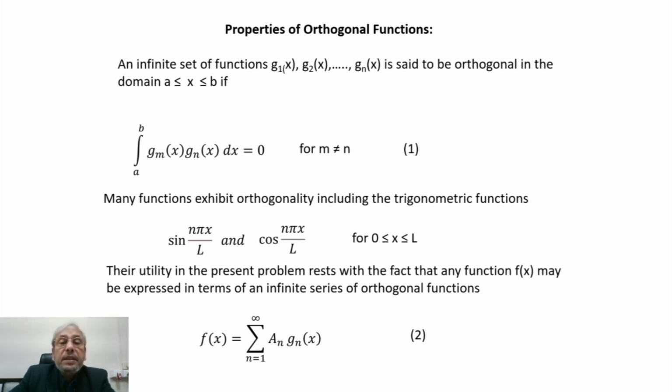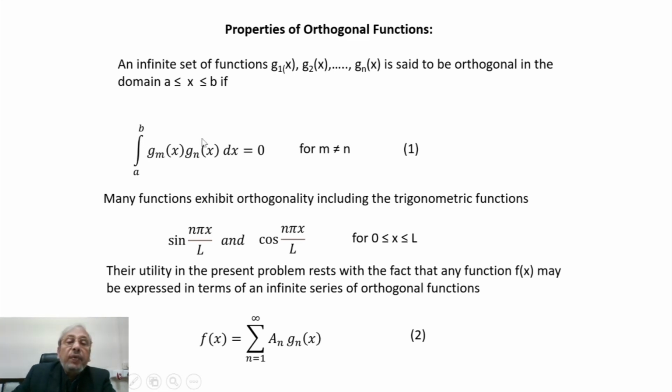An infinite set of functions like g1(x), g2(x) up to gn(x) is said to be orthogonal in the domain, where the domain is between greater than or equal to a, less than or equal to b.